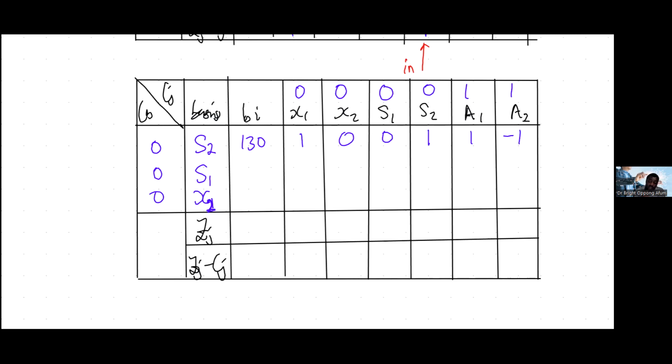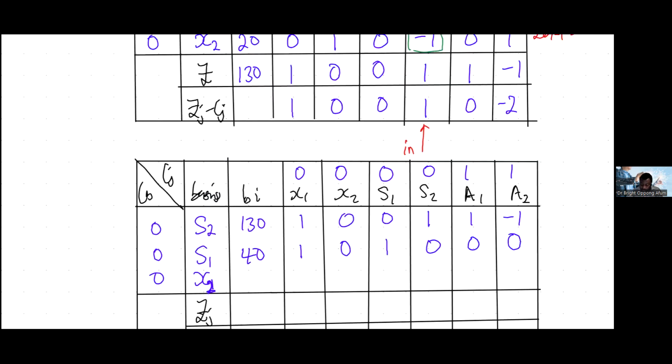So because it's 1, remember everything remains the same here. Then for the X2 row, the pivot number is negative 1.